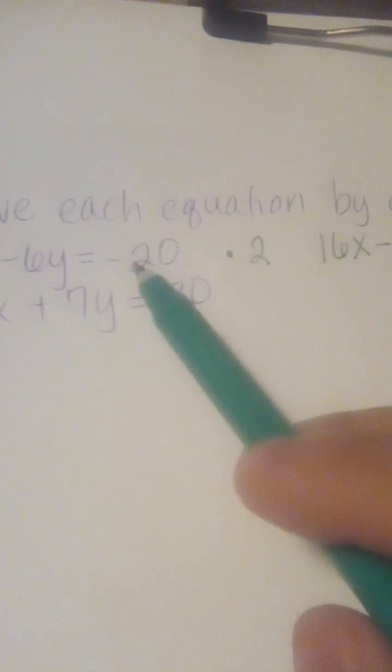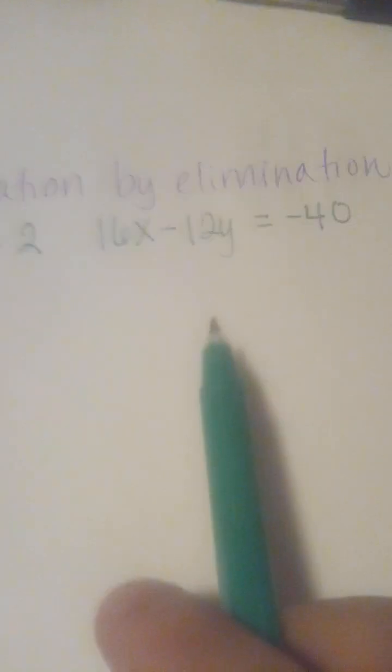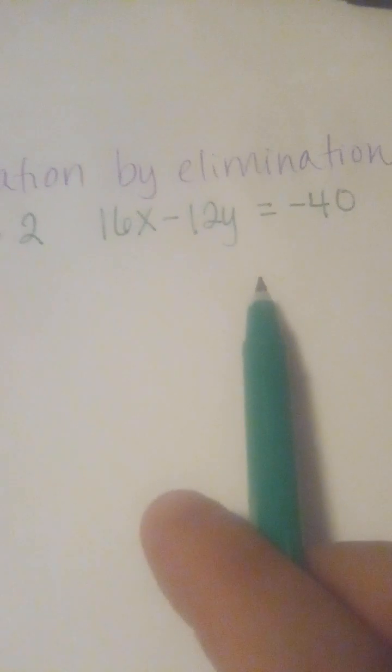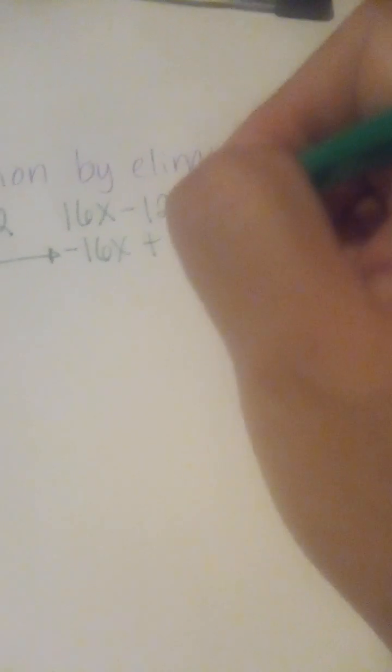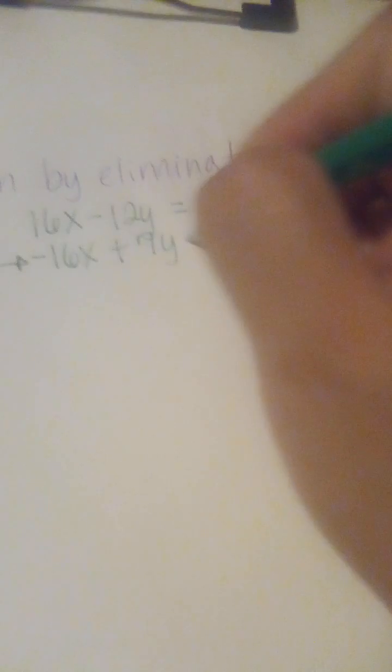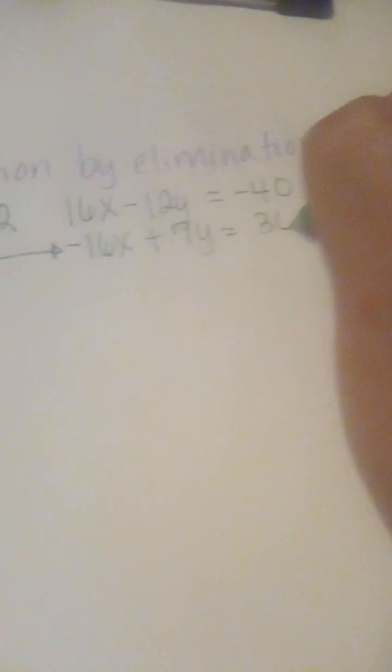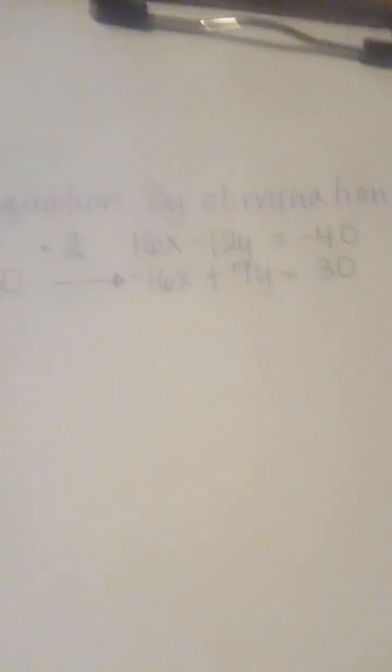And then we have negative 20 times 2 that gives us negative 40 as the equals part. Then we have this first line already completed. Now we can bring the original across. Make sure you write everything down. It's going to determine whether you got it correct. And we're going to double check.